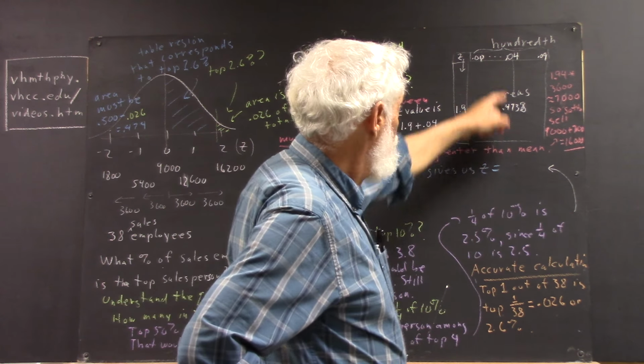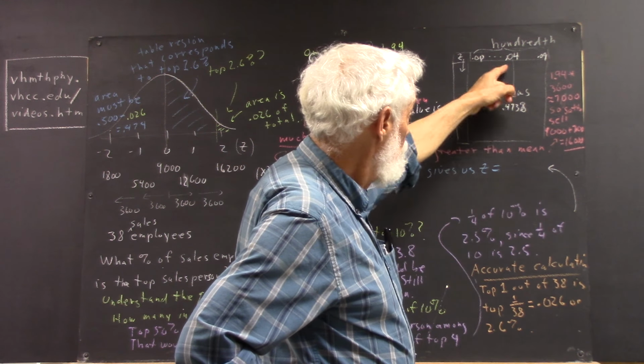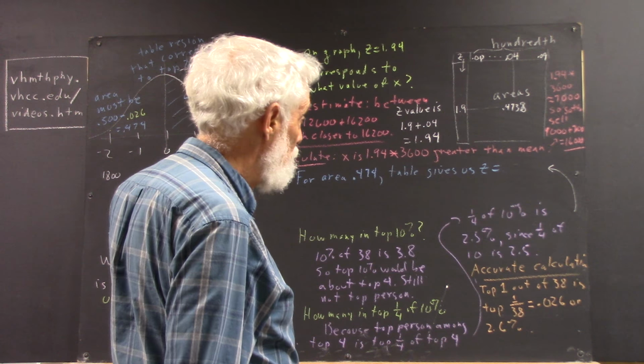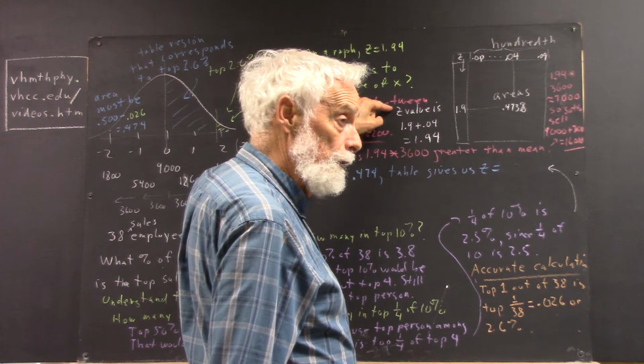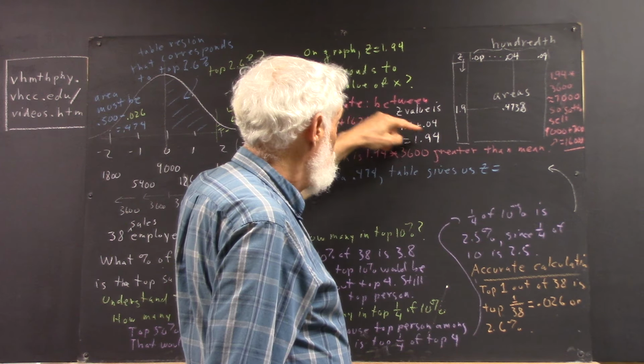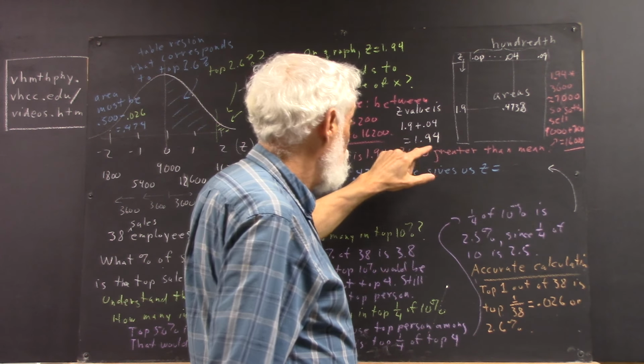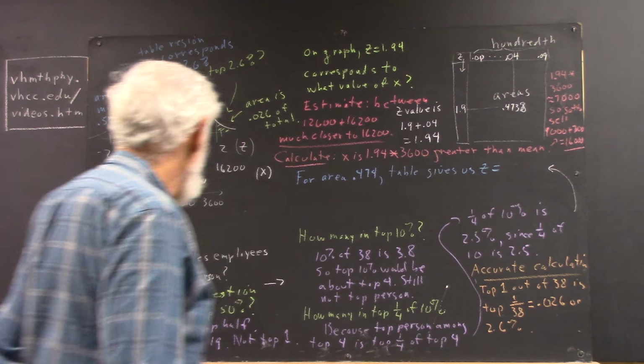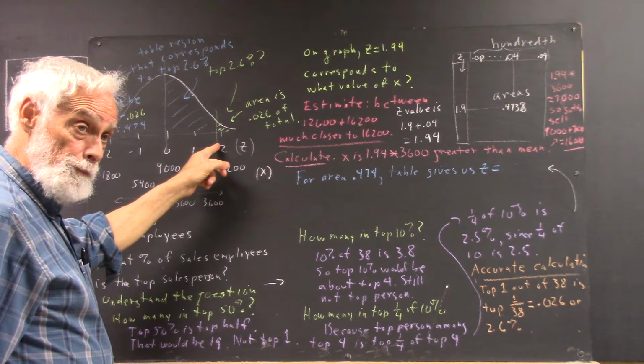And we find that this lies below 0.04. So our z-value that I've written here is then the 1.9 plus the 0.04, or 1.94. Okay, so now we know the z-value here.